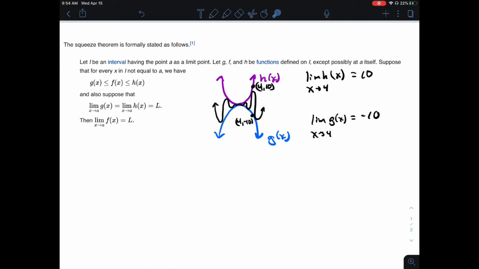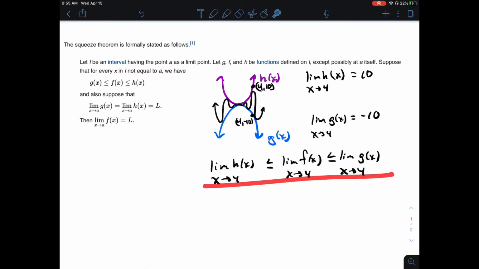Now that doesn't tell us what the limit is of f of x at 4, but it does seem reasonable to think that whatever that limit is, it has to be between these two y values, because the graph's always between them. So in other words, the limit of h of x as x approaches 4, which we know is 10, has to be less than or equal to the limit of f of x as x approaches 4, which is less than or equal to the limit of g of x as x approaches 4.